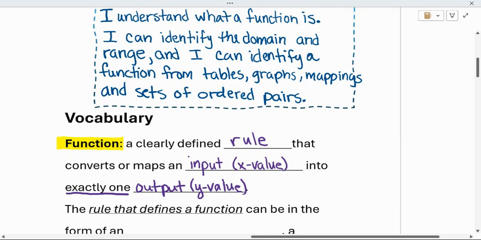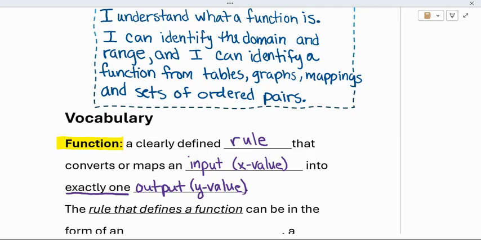And that phrase exactly one is important, okay? All right. So the rule, is everyone good with that?